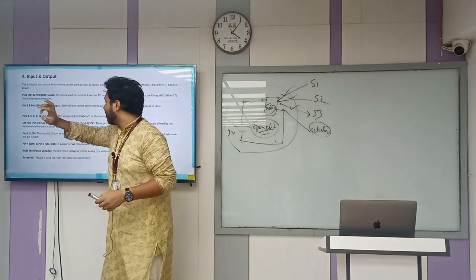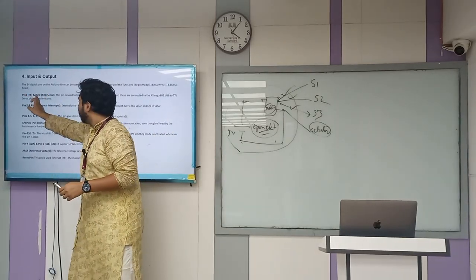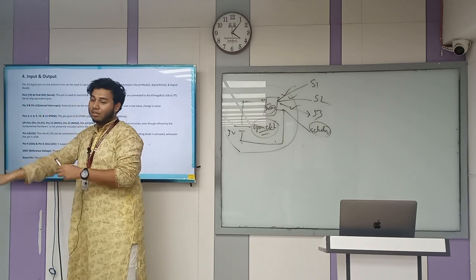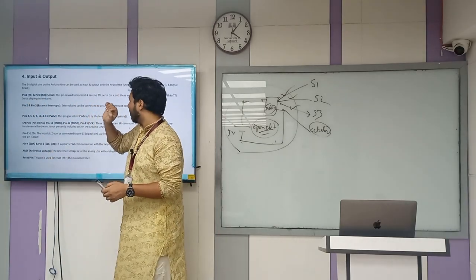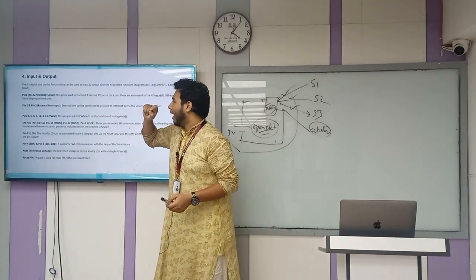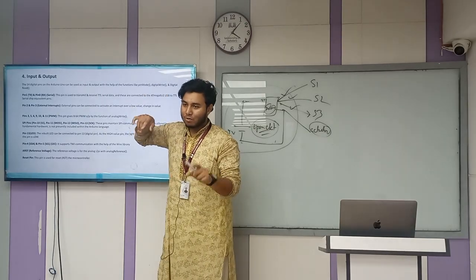So in short you can say it's TX and RX. TX is pin 1 and RX is pin 0. There is a small handwritten slide over there showing TX and RX on the Arduino board.